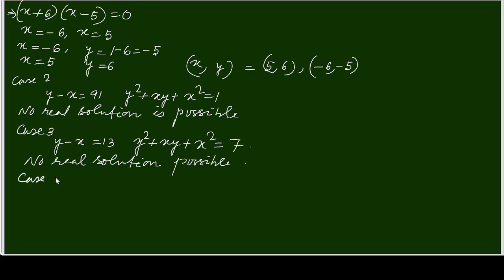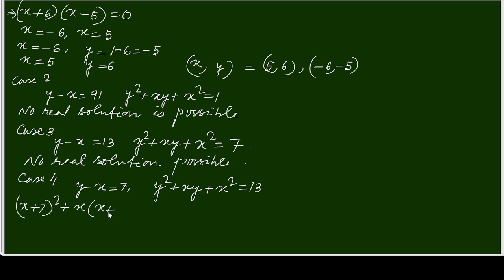Case 4. y minus x is equal to 7 and y squared plus xy plus x squared equals 13. If I put y equals x plus 7 in the second equation, we get (x plus 7) whole squared plus x times (x plus 7) plus x squared equals 13.